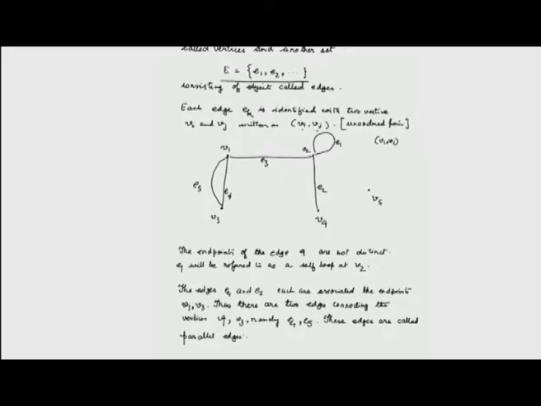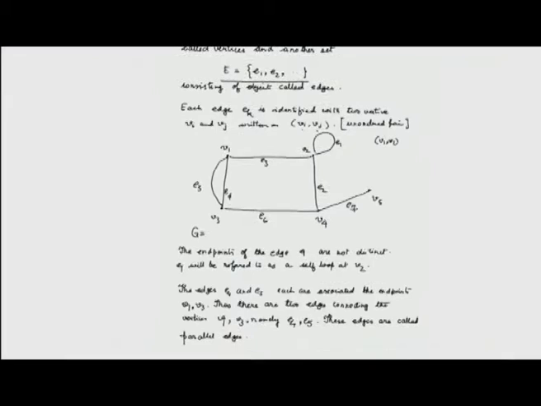Now, let us draw some more edges, E6 and then E7. Thus, we have got here an example of a graph, the type of objects that we are going to consider in this lecture and in some subsequent lectures.